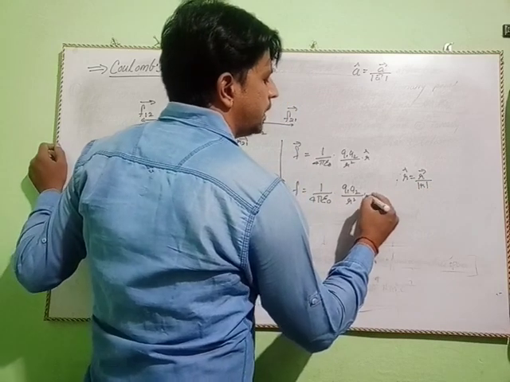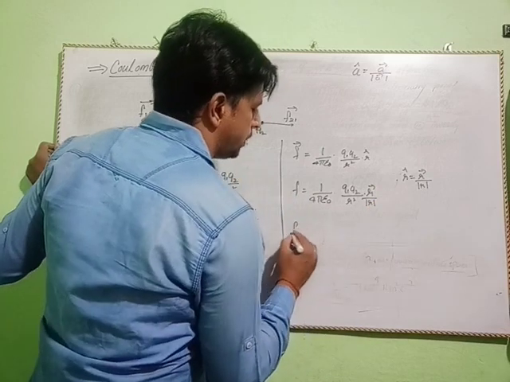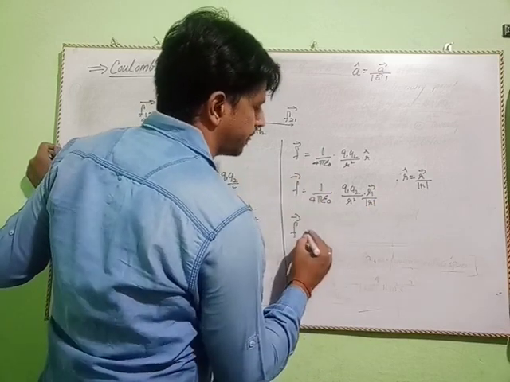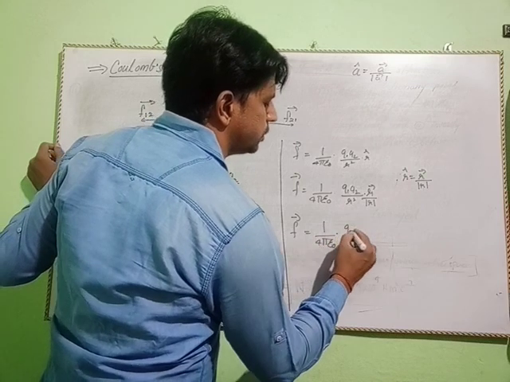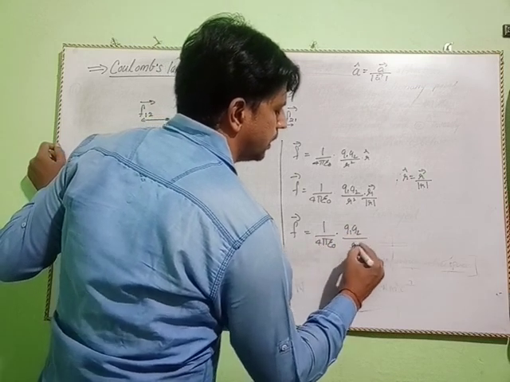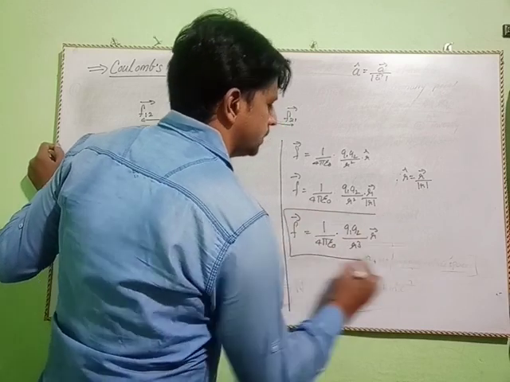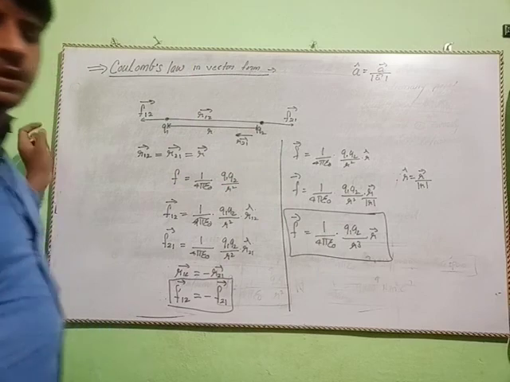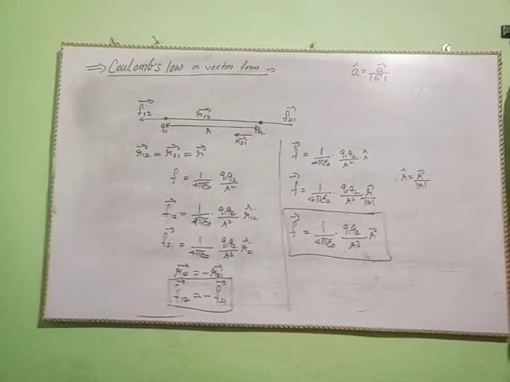So now force vector is 1 by 4 pi epsilon naught q1 q2 upon r cube into vector r. This is the vector form of Coulomb's law.